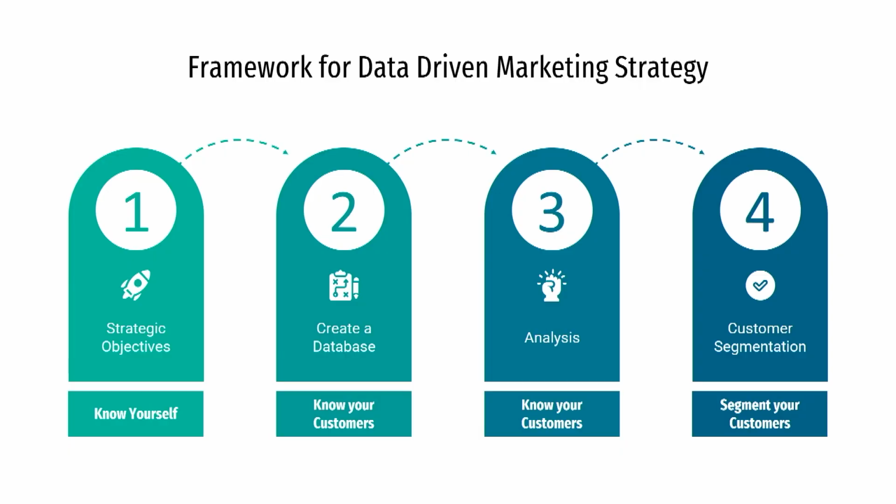SMART stands for specific, measurable, achievable, relevant and time bound. So, one example of a strategic objective can be to achieve a market share of 20% within the next 5 years.